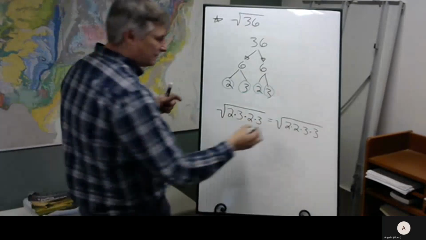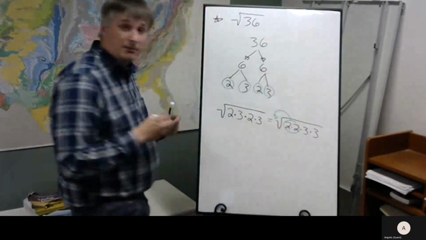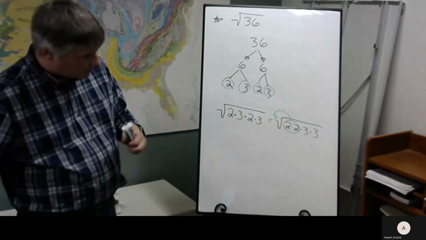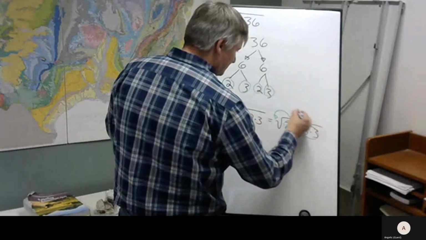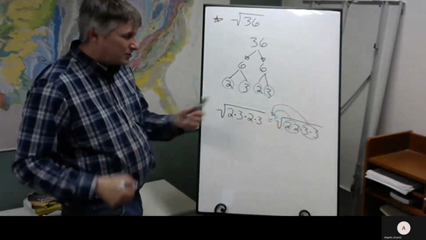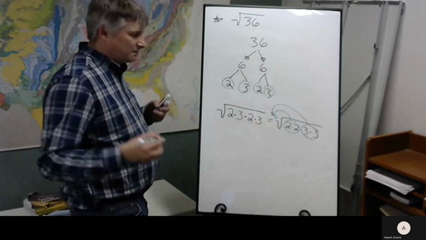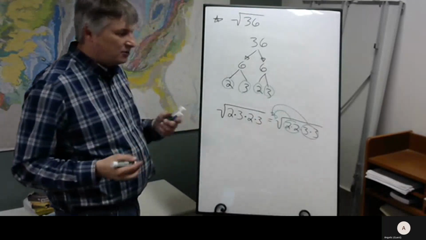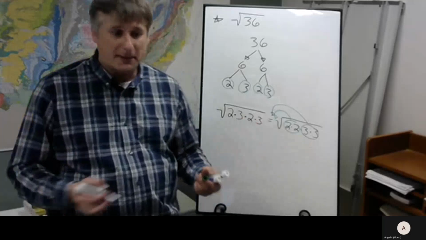In this case, a pair of 2's becomes a 2. A pair of 3's would become a 3. So what's going to be on the inside of the square root? Well, once you use the pair of 2's and there's nothing left, the square root goes away.